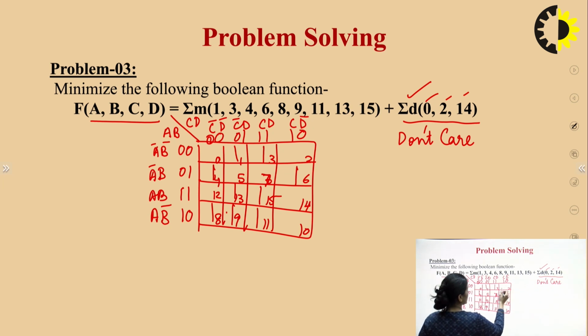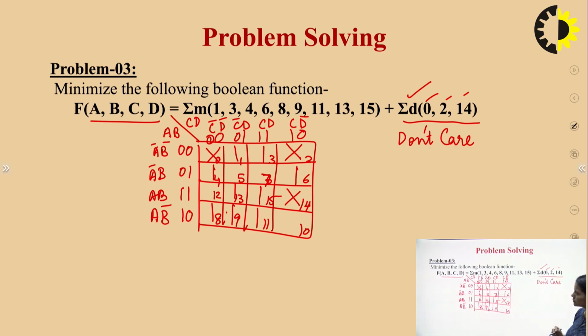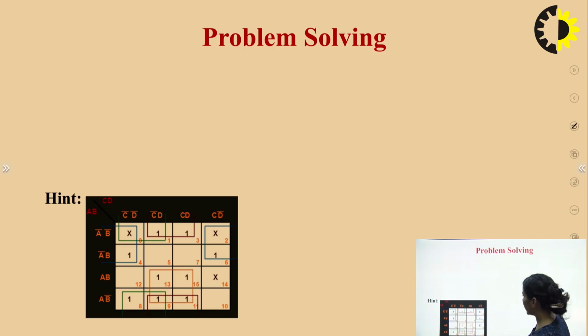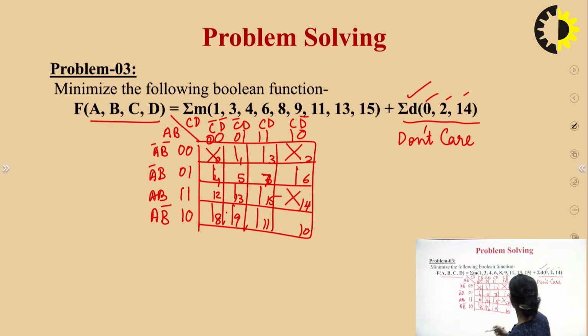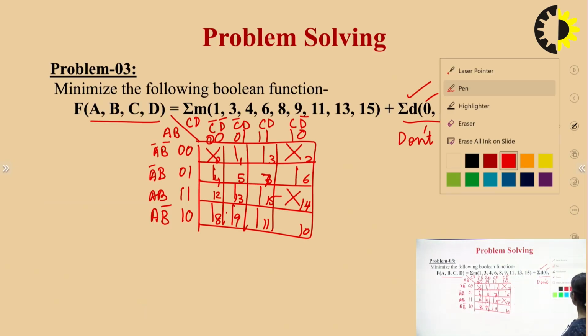And the don't care is 0, and then 2, and then 14. So now we will make groups. So the first group which we can see, here I have provided the hint. So the first group you can go for is this one.